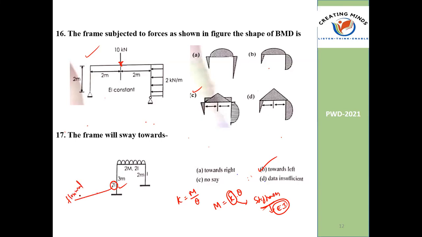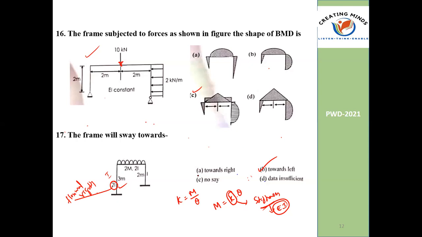Please keep a note: here, don't take that the length is large, that's why it will swing like this. It may be left or it may be right, as per your assumption.